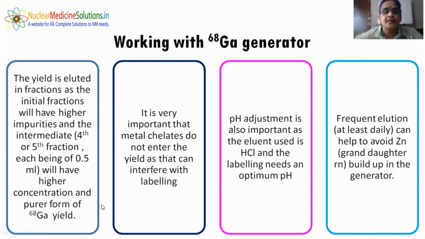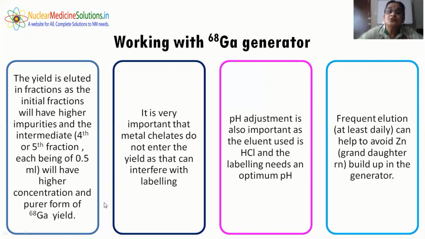And this will have more purity too, and it will not have impurities like the metallic impurities which are inbuilt in the adsorbent or even the parent radionuclide or the daughter radionuclide. So these all have to be separated, and we should get the proper fractions for the later labeling.